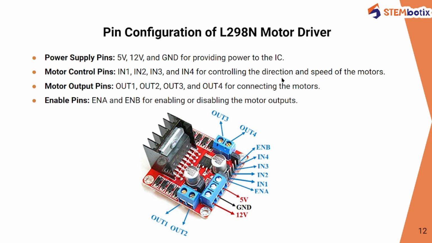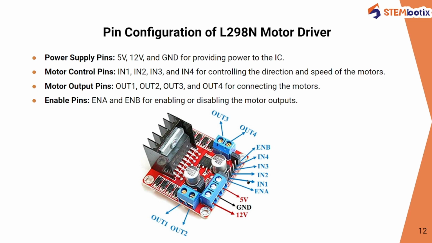These control the direction of the motor, whether it rotates in forward or backward mode. The pins control the switches of the H bridge circuit within the L298N chip, and in turn change the direction of the motor.